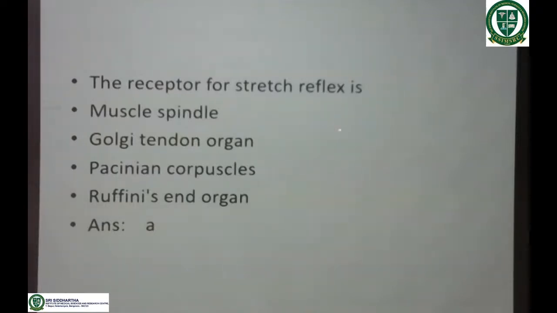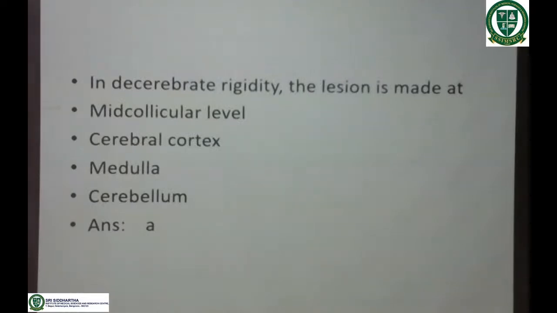The receptor for the stretch reflex is: muscle spindle, Golgi tendon organ, pacinian corpuscles, Ruffini's end organ. Answer is A, muscle spindle. Next, in decerebrate rigidity, in an experimental animal where decerebrate rigidity is produced, the lesion is made at which level?